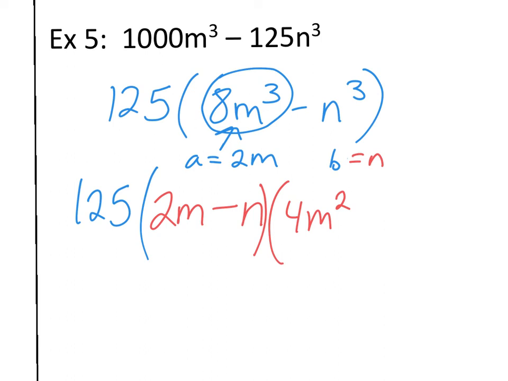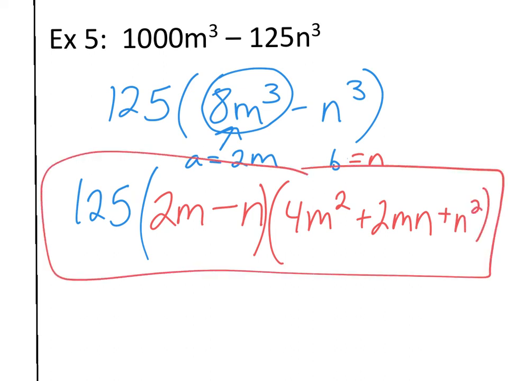Plus 2mn. And what's the last term? Plus n squared. Thank you. TJ, you're saying plus, dude. That's not minus. It's plus n squared. Dude. Now I'm going to go home and have a shower cry just because of you guys.